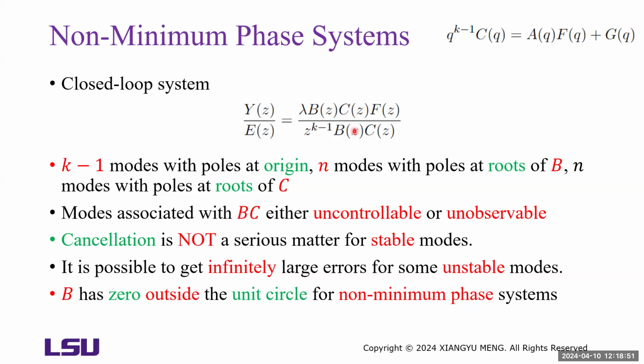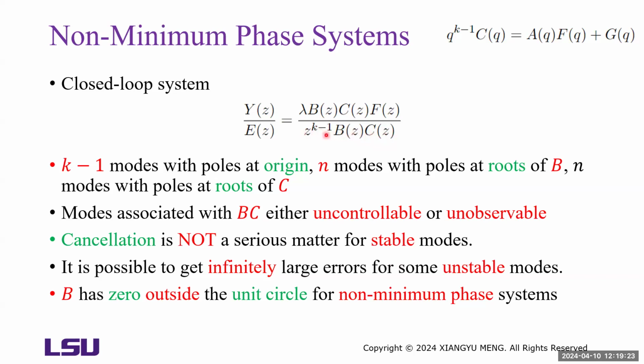So this implies that the modes associated with BC are either unobservable from the output Y, or the corresponding state variables are not controllable from the input E. So the input might excite all the modes associated with the solutions of the characteristic polynomial.